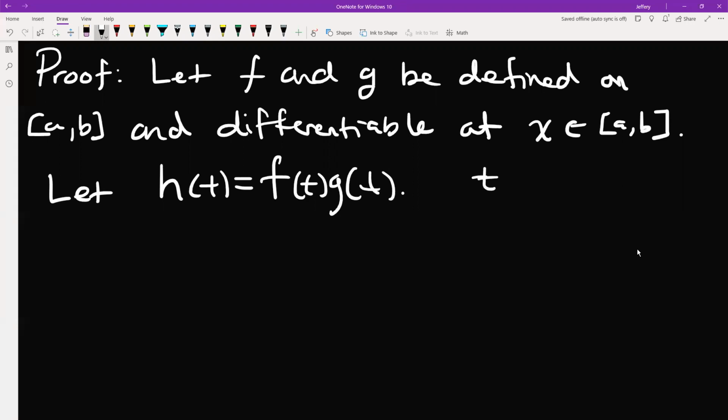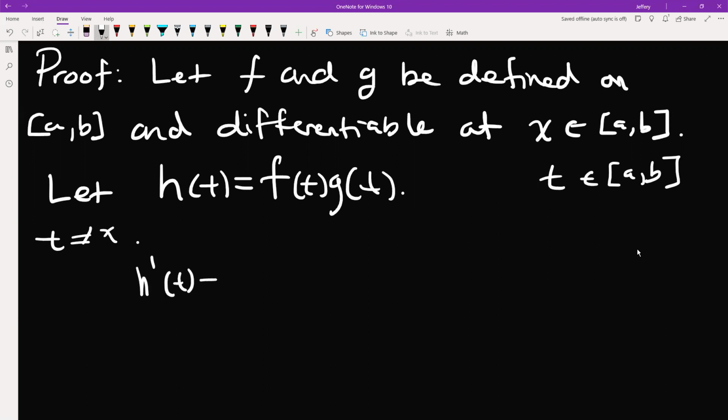T is also in [a, b], but t isn't x. So what do we know about h prime of t?